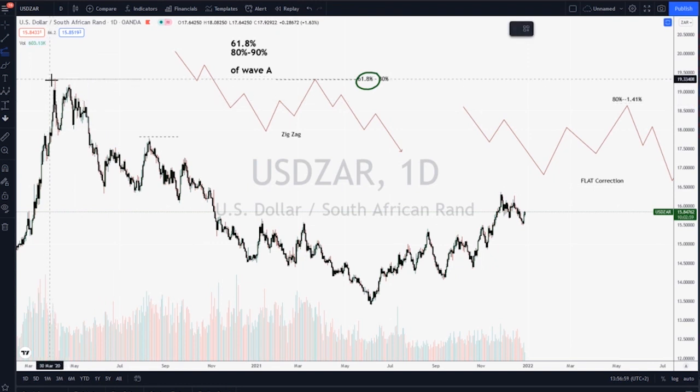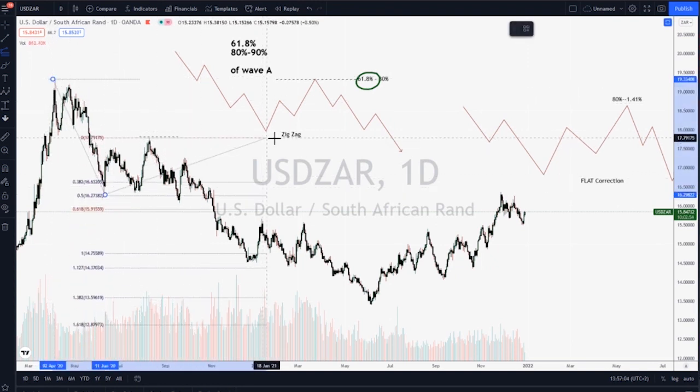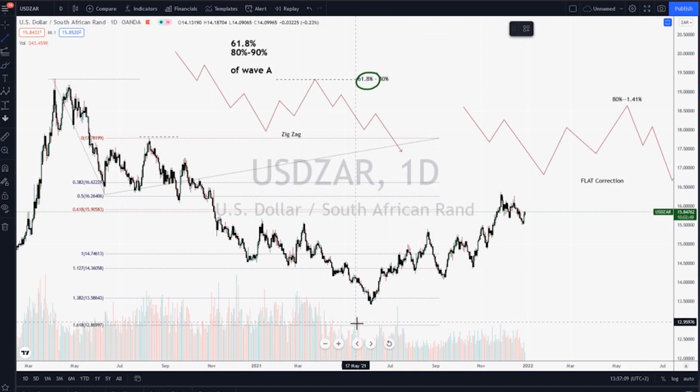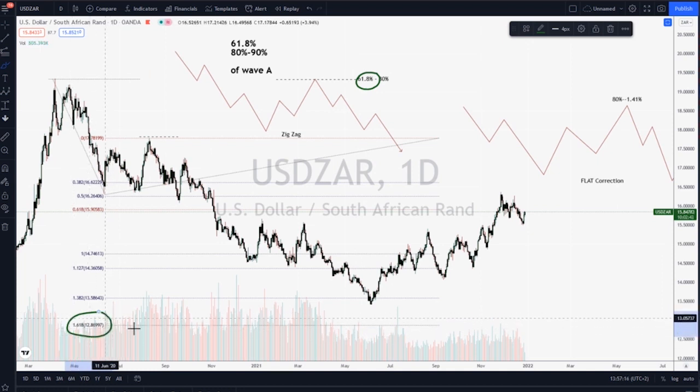It just literally grazed it. So with the extension tool, we want to see where wave 3 is. Right, so now we have a problem. And by this problem, I mean, here's the 1618 extension that we have with the wave 3 rule all the way down there. And the market retraces way before that.